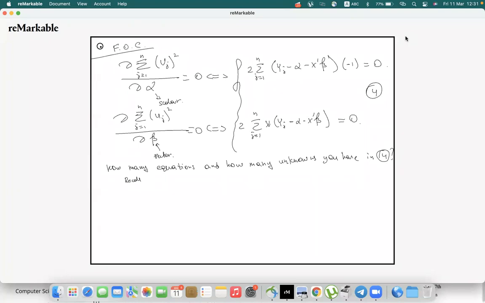Just look at this. Alpha is a scalar, right? Yes. It's 1 by 1. What is beta? The vector. It's a vector. It has 1 coordinate. Yes. Until when? Until 1. No. It has k coordinates, right?